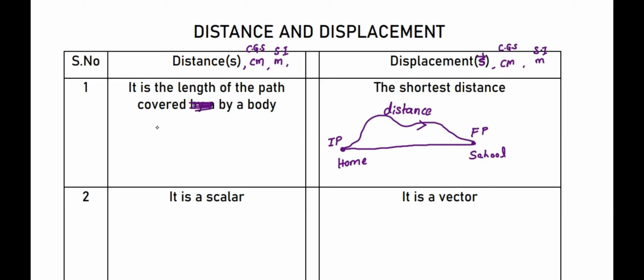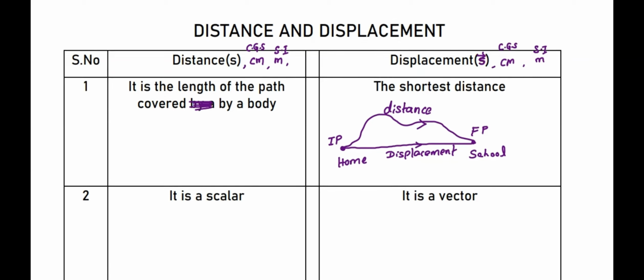This shortest distance between final position and initial position is called displacement. This displacement has some magnitude, that means it may be 1 kilometer or some value, and it has some specific direction. That's why the displacement is denoted with S bar. It is a vector quantity.